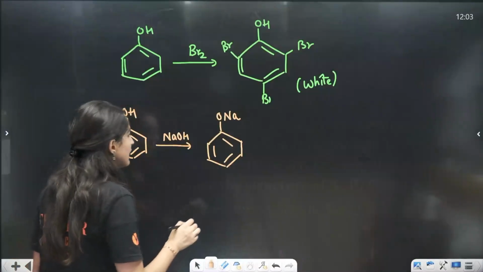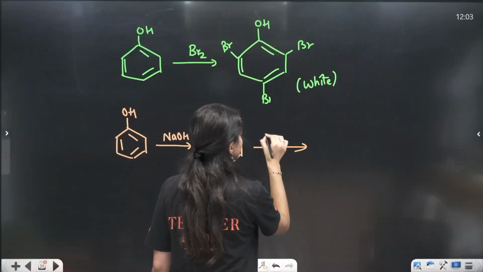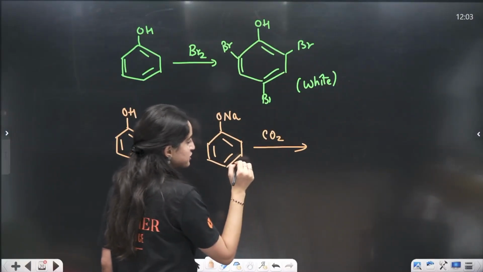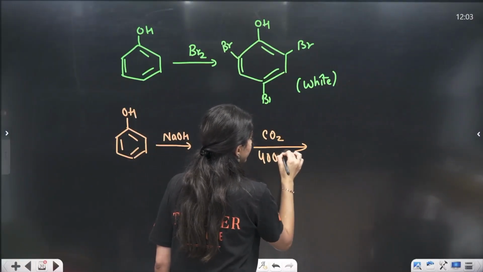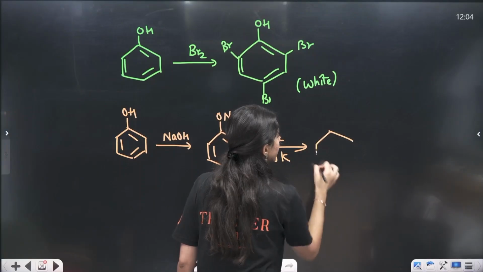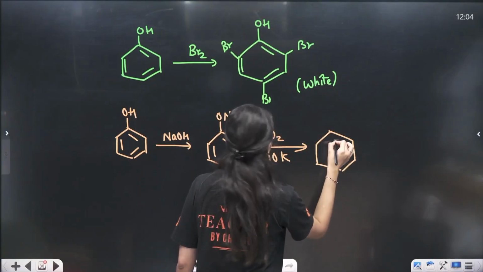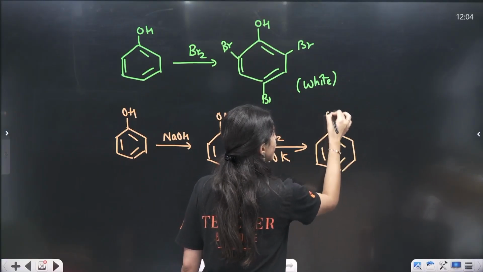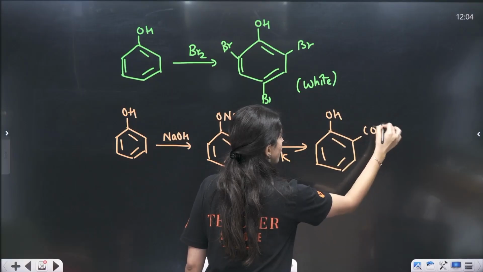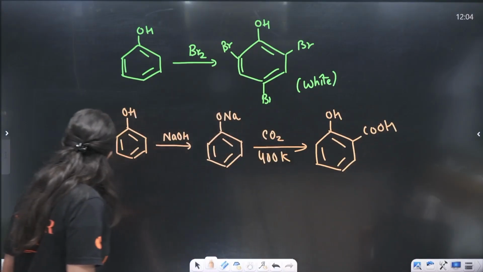So basically here, in the presence of CO2, Kolbe's reaction is happening at 400 Kelvin temperature. It will form salicylic acid, right? This is your OH and this is your COOH. Salicylic acid will be formed.